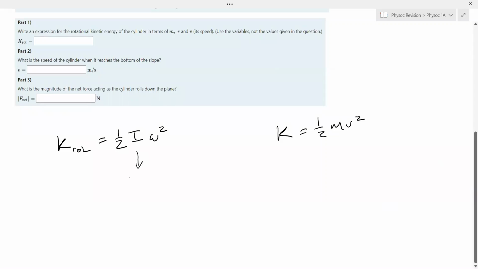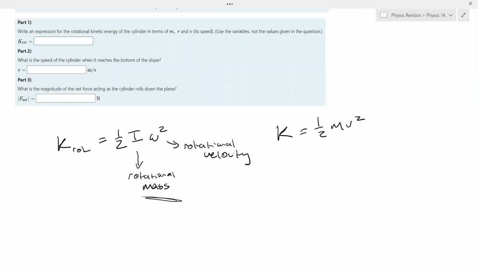This is basically our rotational mass, and this is our rotational velocity, or our angular velocity. And this moment of inertia thing, it's just a mathematical value that tells us how much mass is distributed from the axis of rotation, which affects how easy or hard it is to rotate.